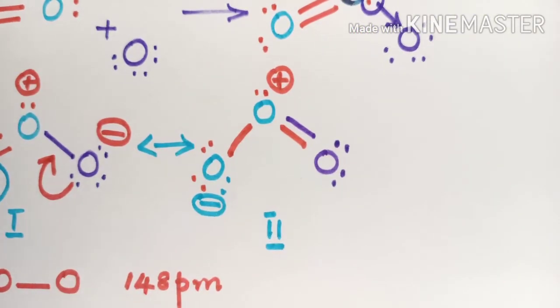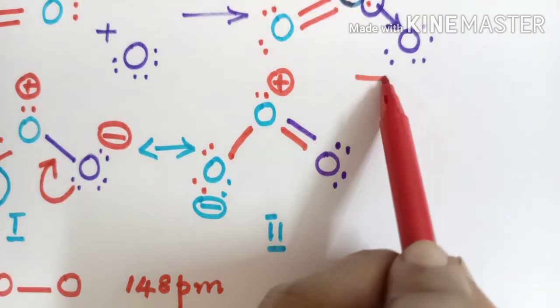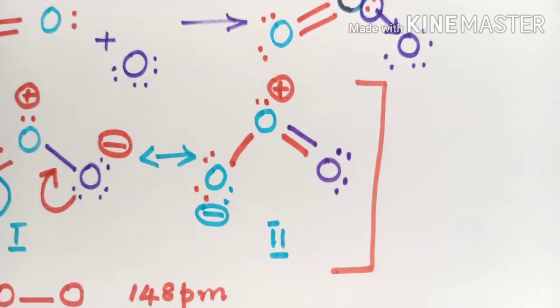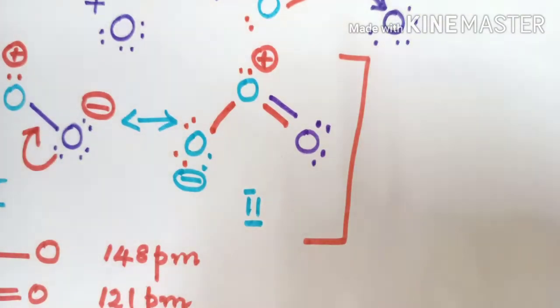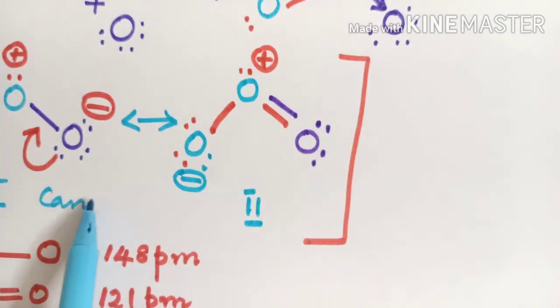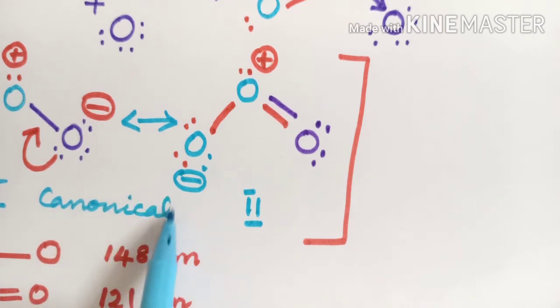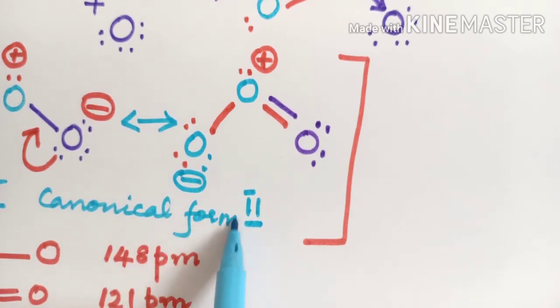That means these two structures are unstable structures or limiting structures, otherwise known as canonical forms or resonating structures.